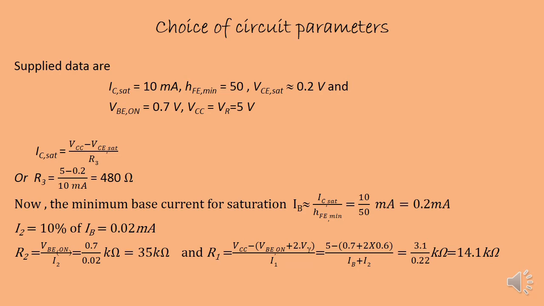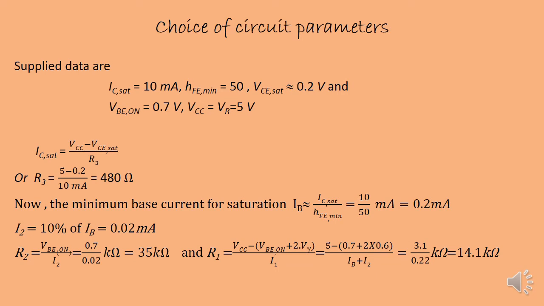What is V gamma? V gamma is the knee voltage or cut-in voltage of the diode. Here we use 4 silicon diodes, so the cut-in voltage is 0.6 volt. So V gamma is 0.6 volt. So we know VCC is 5 minus 0.7 plus 2 into 0.6.